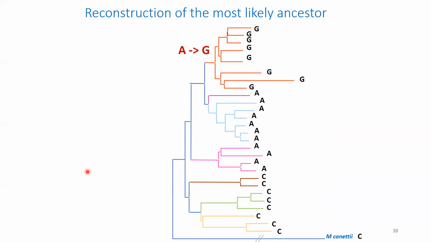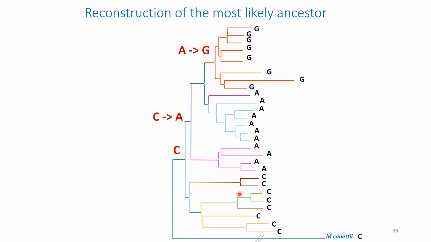Let's imagine that lineage 4 strains, which are indicated here in red, have a G. Lineage 3 strains, indicated in purple, have an A. Lineage 2 strains, indicated in blue, also have an A. Lineage 1 strains, indicated in magenta, also have an A. So probably the most likely explanation for this mutation is that the ancestor had an A that changed to a G.